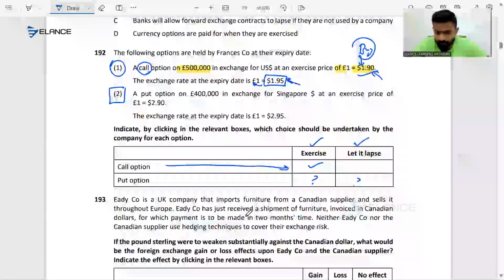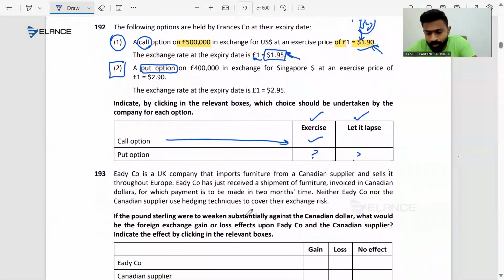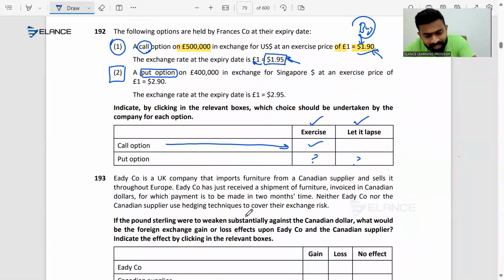I will wait. You have a right to what? Put option means you have a right to sell. You have a right to sell at this rate if you exercise the contract.